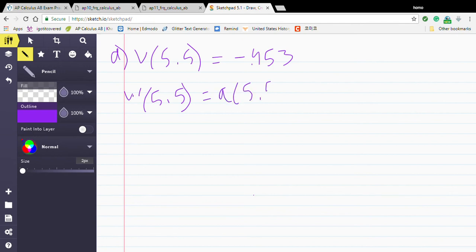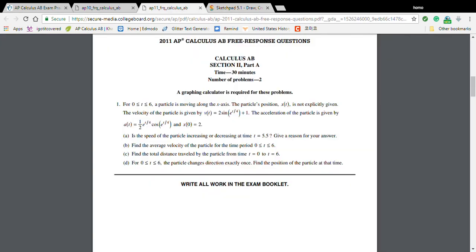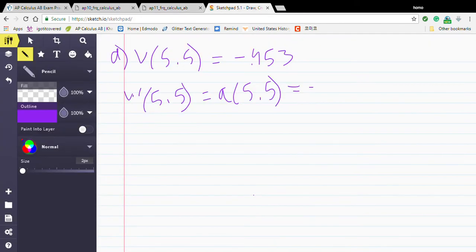This is something I like to write: we take the derivative, plug in 5.5 using math derivative, and you get negative 1.358. But they're both negative, so it's increasing.